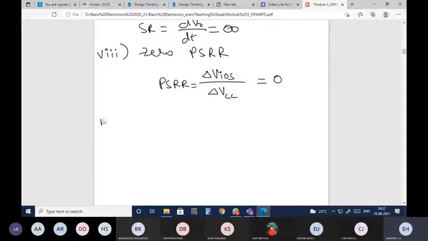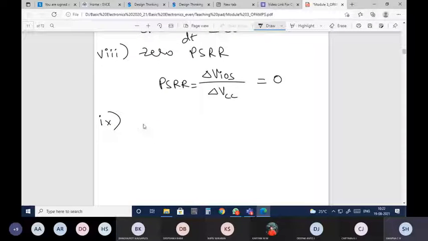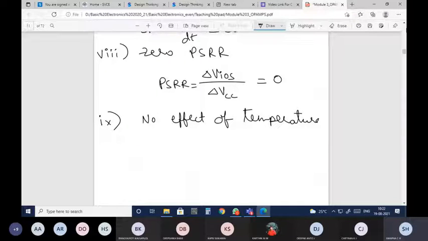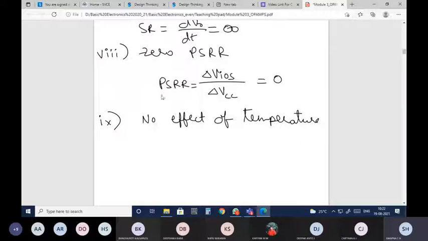The ninth one, no effect of temperature. The op-amp is made with transistors, resistors and so on. If it gets heated up, a lot of electron hole pairs will be generated, because of which the normal operation of the transistor will change.